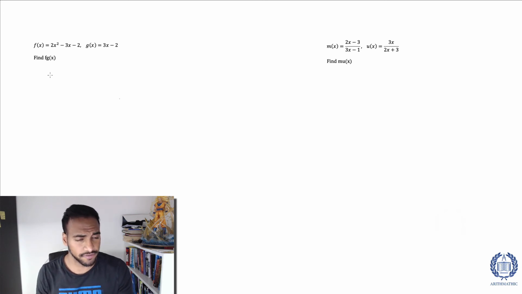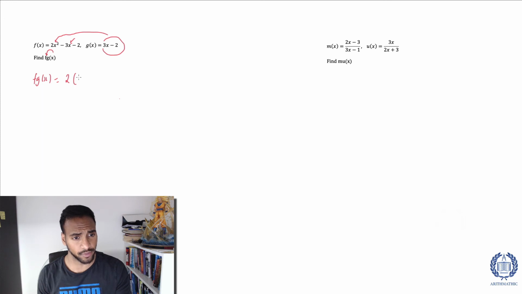For the first one, g, we're going to take our g function and put it inside the f function. So this 3x minus 2 is going to go inside the x squared and the x. Essentially, fg of x is equal to 2 bracket, instead of the x squared, I'm going to have 3x minus 2 squared, minus 3. Instead of that bracket, I'm going to have 3x minus 2, minus 2. Now if we expand that 3x minus 2 squared, because it's timesing it by itself, we get 9x squared minus 12x plus 4.